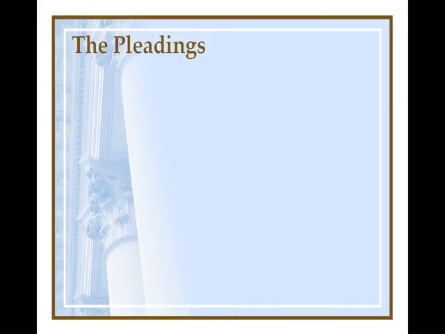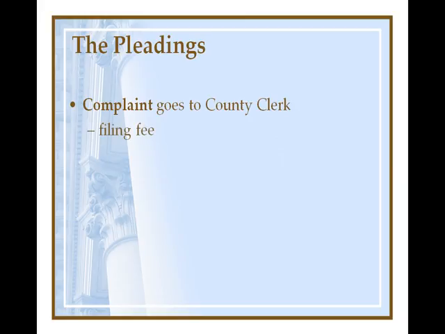Okay. So you start with the pleadings. You file a complaint. So usually you go to the equivalent of whatever your county clerk is. You go with a copy of the complaint, one for the clerk, one for the opposing side, one for you. At least there's a minimum of 3 copies like that. You pay a fee, and it's stamped by the county clerk.